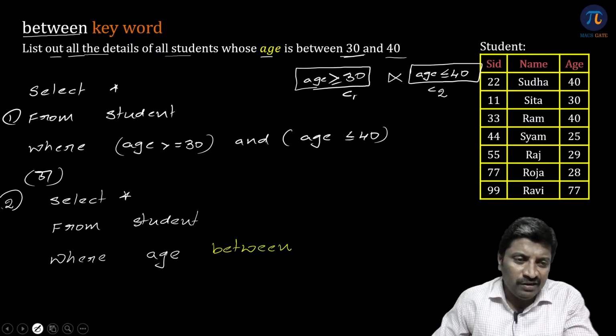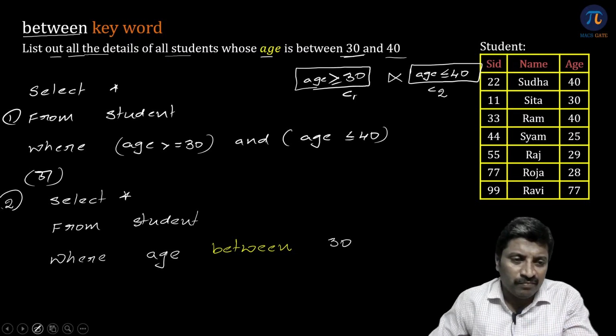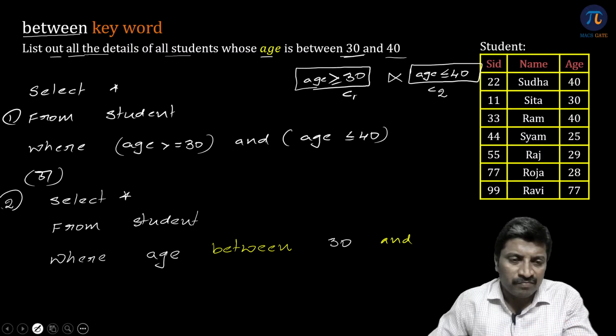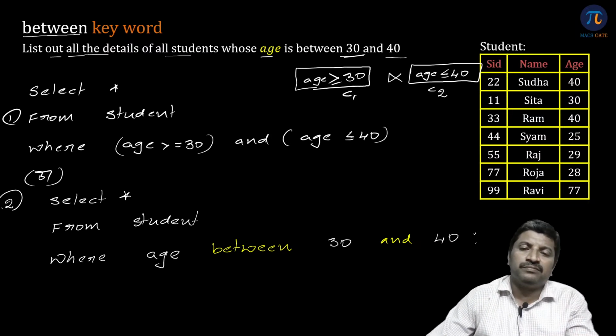Where age between, what is the range number, sir? 30 and 40. So where age between 30 and 40.